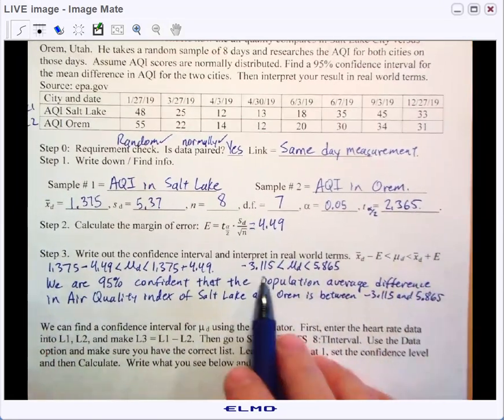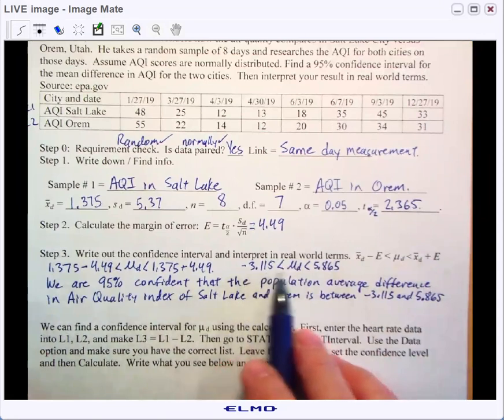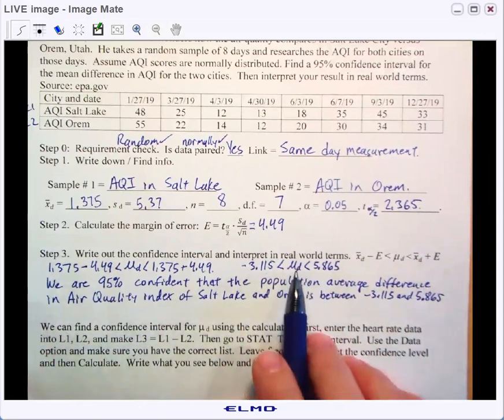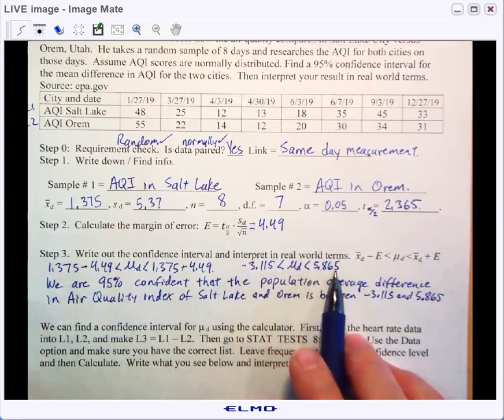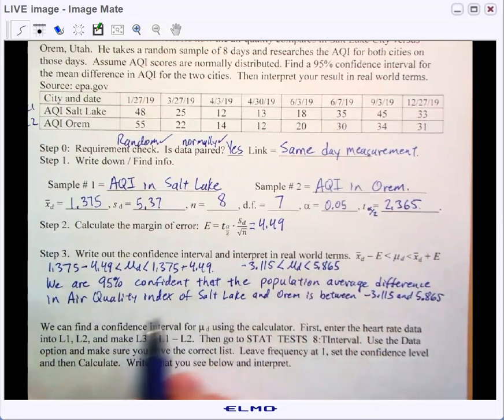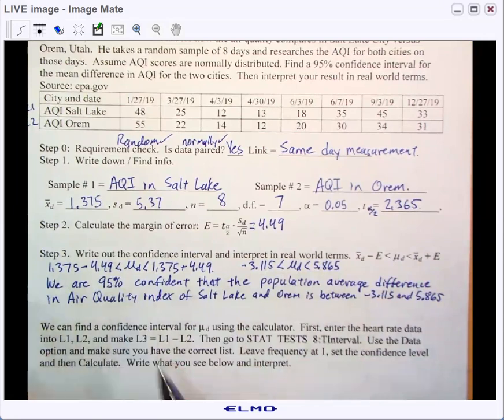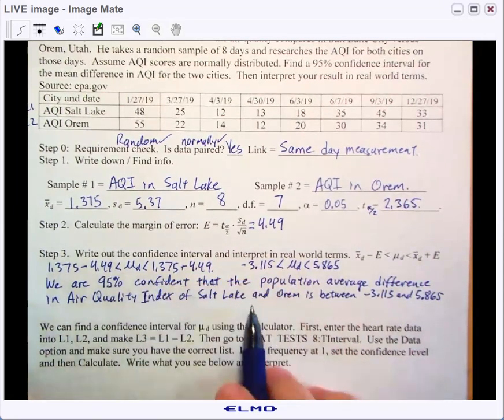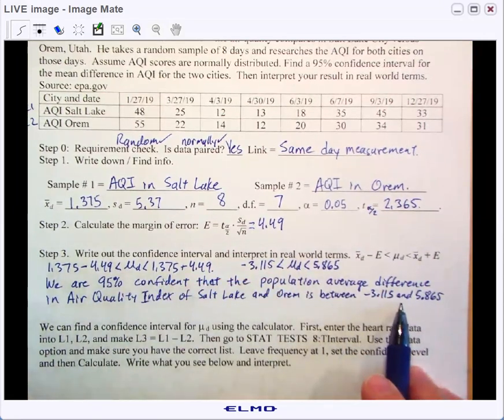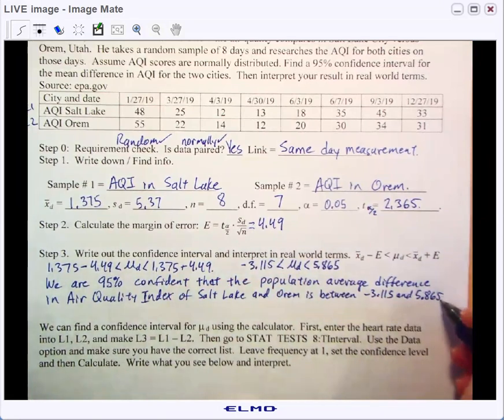And I get negative 3.115 less than mu sub d, the population average difference, less than 5.865. So we interpret that saying we are 95% confident that the population average difference in air quality index of Salt Lake City and Orem is between negative 3.115 and 5.865.